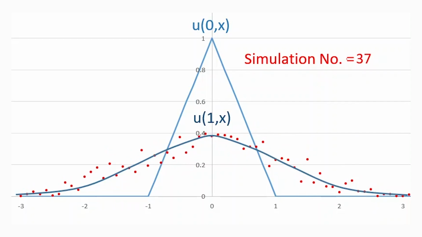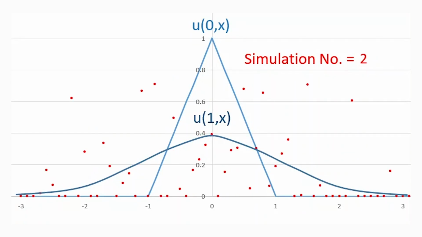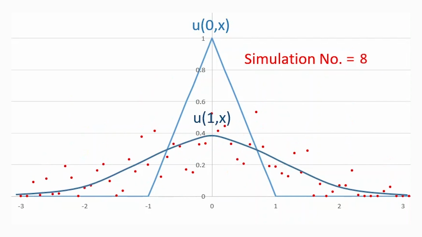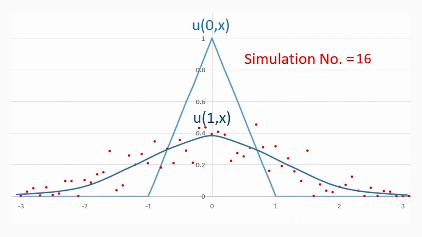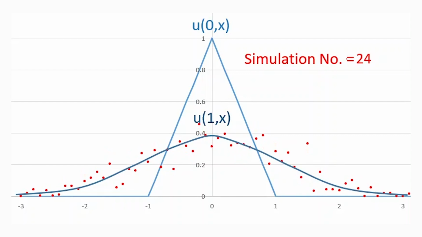We take more and more such realizations of u of 0 comma x plus W1, and then we take the average of those. That is the sample average, and the sample average converges to the solution. Let us see how it converges.